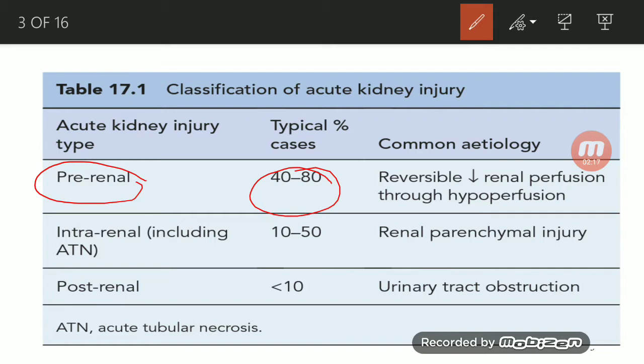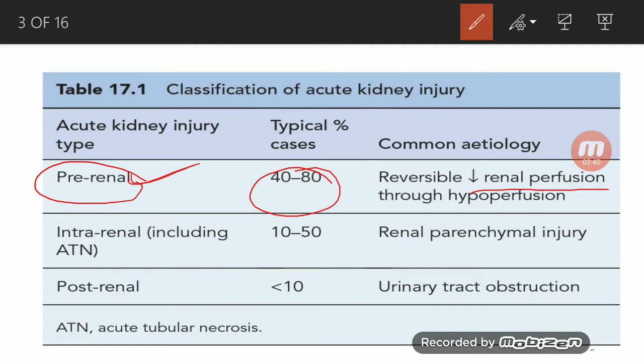The major cause of pre-renal acute kidney injury is decreased renal perfusion, which means there is reduced blood supply to your kidney. Because of this reduced blood supply, it leads to pre-renal kidney failure.